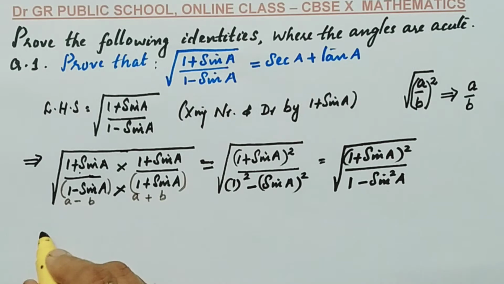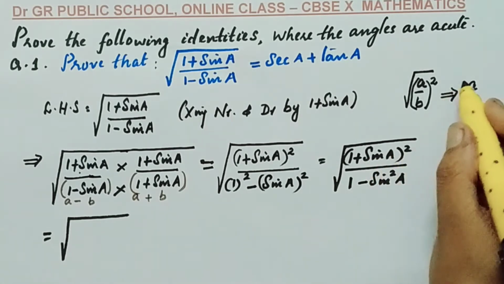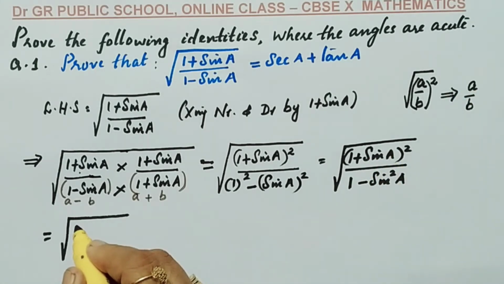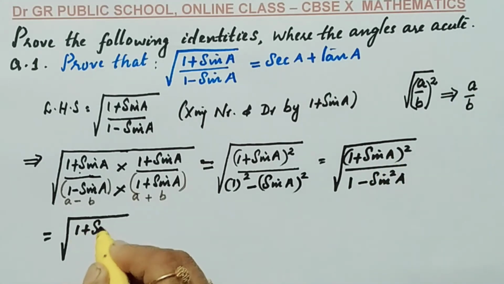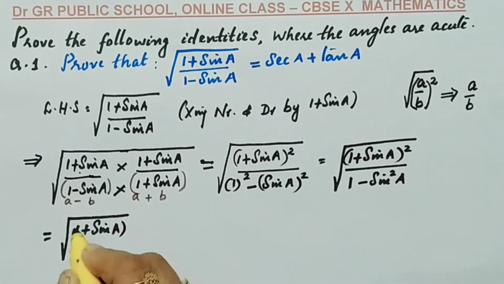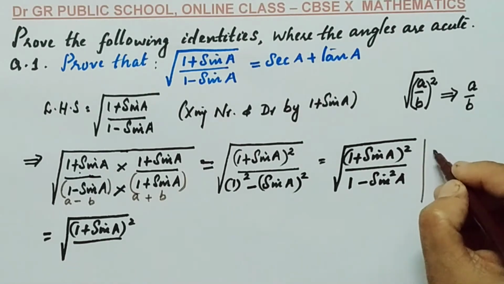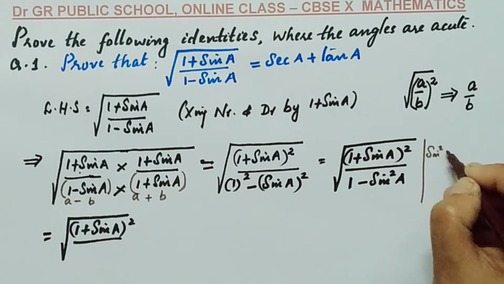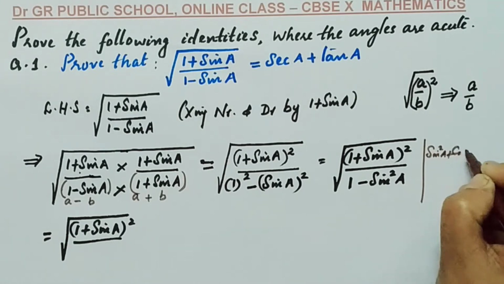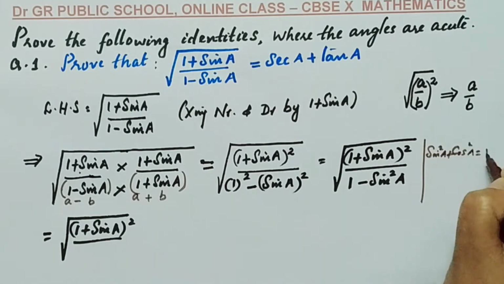Now I am going to make the simplification here: root of (1 plus sin A) the whole square. When it comes out of the root you get 1 plus sin A, but I am going to write it like this itself, (1 plus sin A) the whole square, divided by, what is 1 minus sin square A? You know that sin square A plus cos square A equals 1.